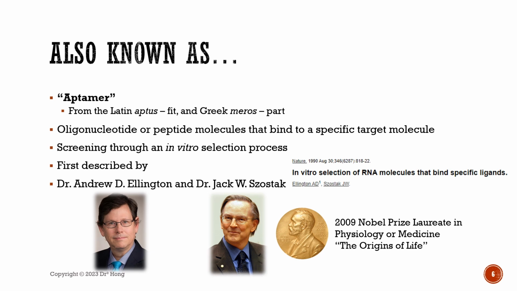Dr. Jack Szostak was the 2009 Nobel Prize laureate in physiology or medicine because of his work on the origins of life. Their work on aptamers was published in 1990 in Nature, and I have their paper referenced there.